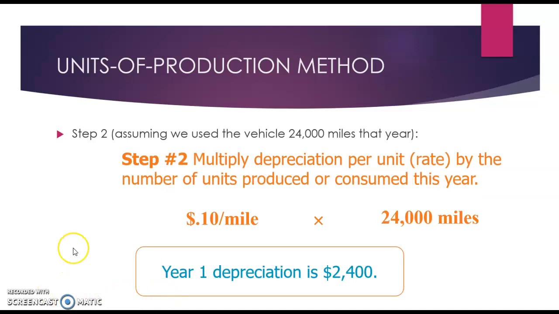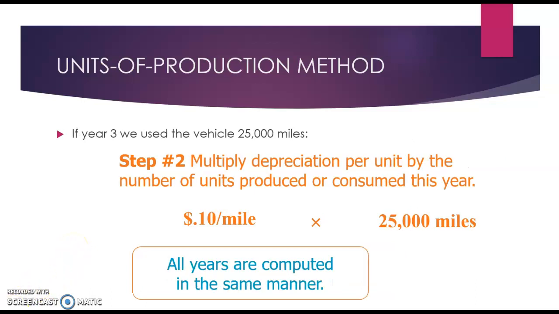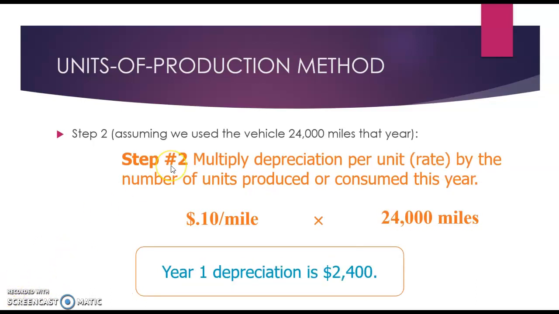And so now, let's say on the first year, we look at the odometer and we used the vehicle 24,000 miles that year. So we're going to take our rate that we calculated at the beginning, which is 10 cents a mile, times the 24,000 miles.